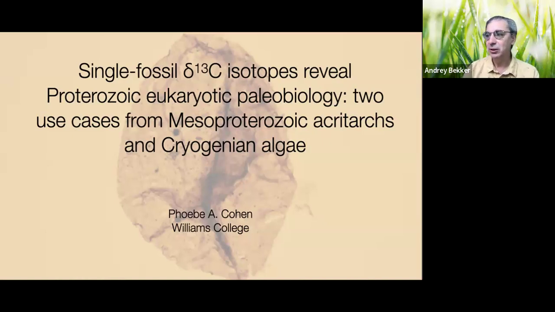She continued at MIT, working with the NASA NOD, until she started a position at Williams College, where she is a full professor now. She has already been chair of the department. Her research mostly focuses on biological evolution in the late Precambrian and the appearance of eukaryotes, and that's the topic she will present today. So it's all yours, Phoebe.